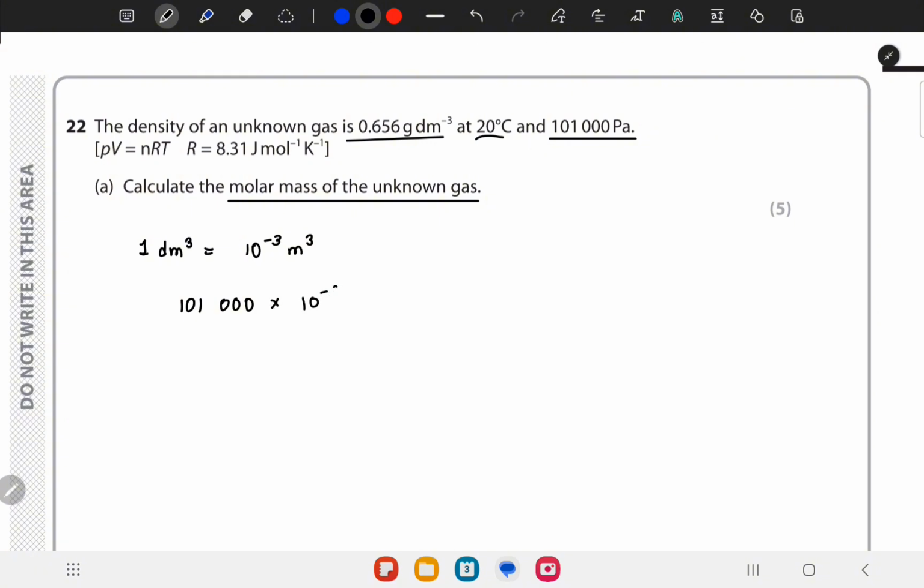The volume is 10 to the power minus 3, equals n into 8.31 times the temperature in Kelvin, so 20 plus 273. From here we'll get the value of n, which is 101 by 8.31 into 293. So this was 0.04148 mole.